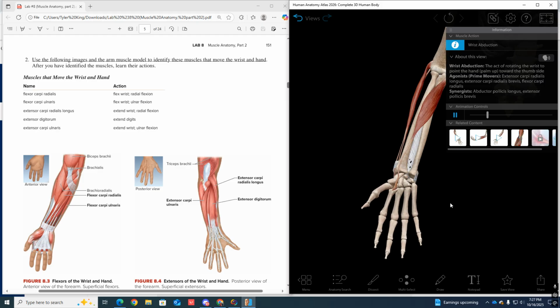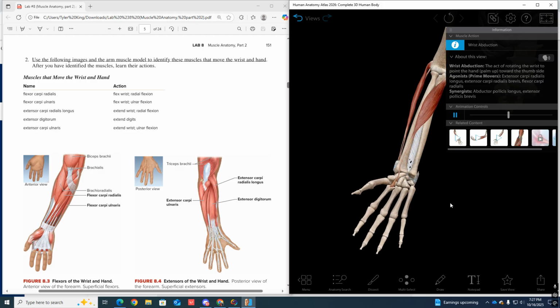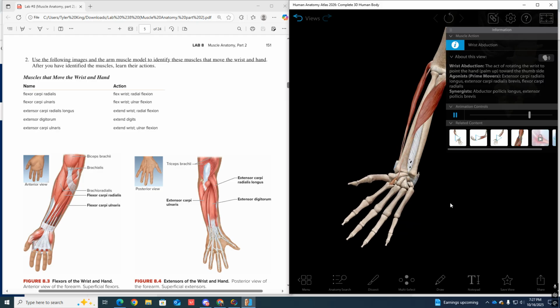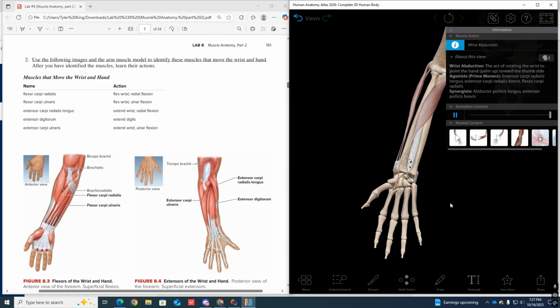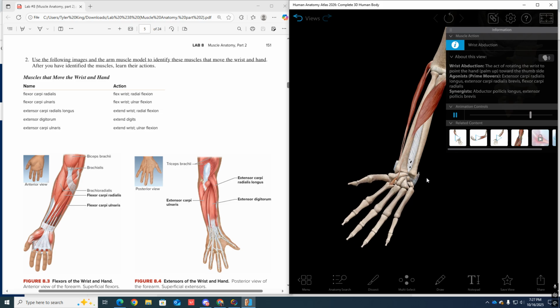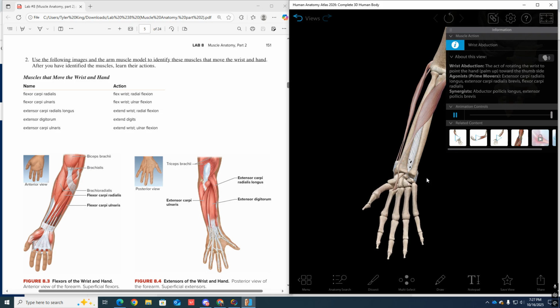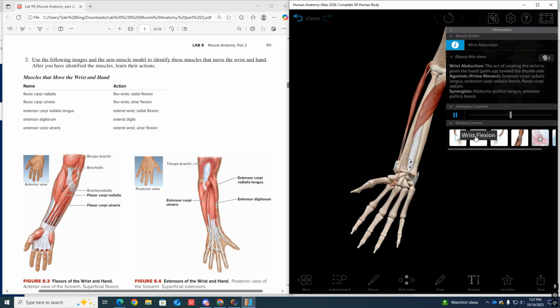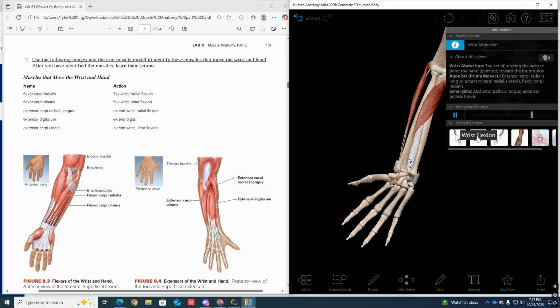So radial or wrist abduction here is what you can see. If you're in the anatomical position, you're moving your thumb further away from the midline of the body, as if you're doing one part of a wave, like waving with your hand. So that's wrist abduction here. Wrist flexion, as we know, remember, flexion forward.